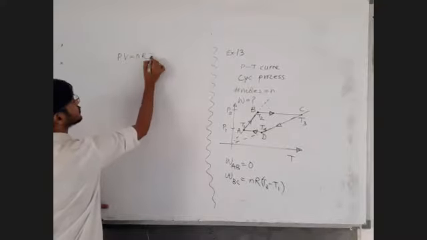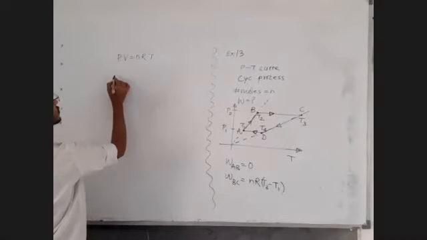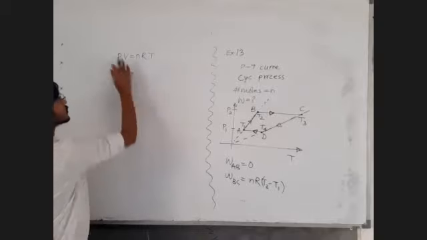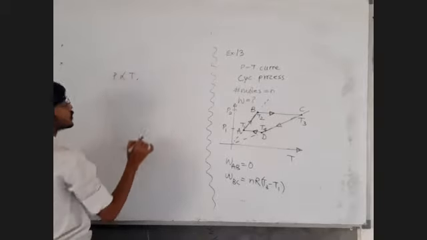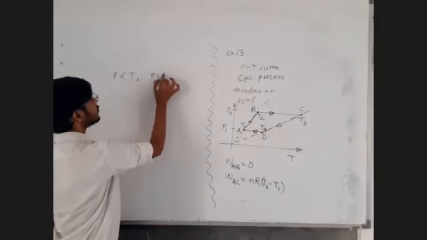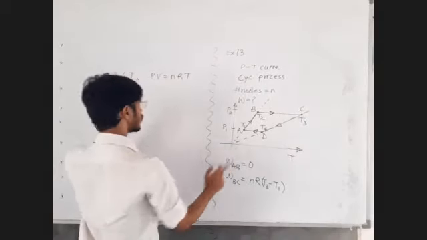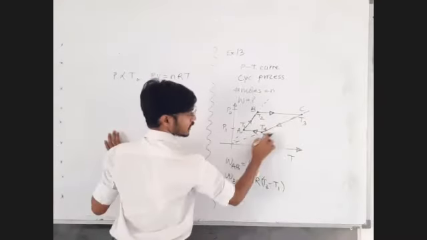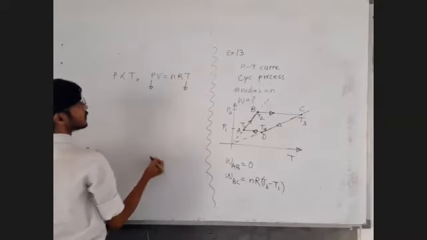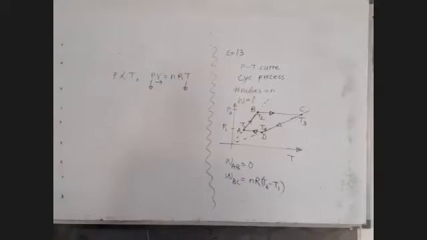PV equal to nRT. A straight line passing through origin implies that pressure is directly proportional to temperature. In this, PV is equal to nRT, pressure is directly proportional to temperature, line passing through origin, and pressure decreasing, temperature decreasing, and direct proportionality, so volume must be constant.